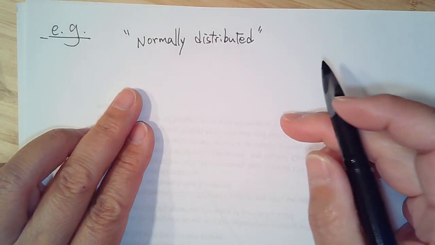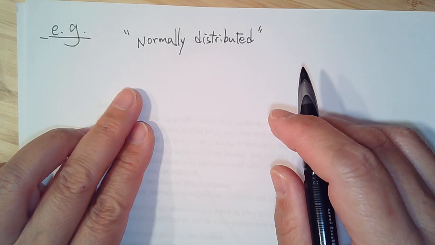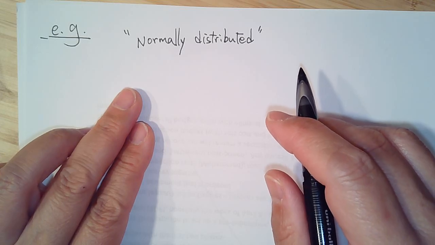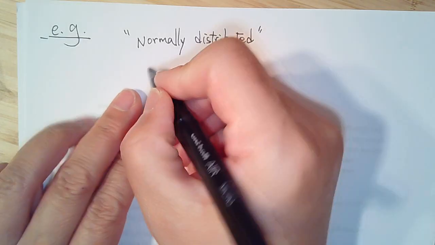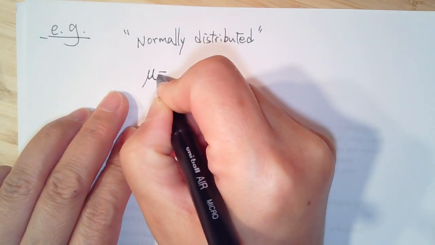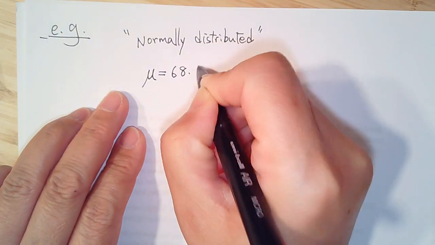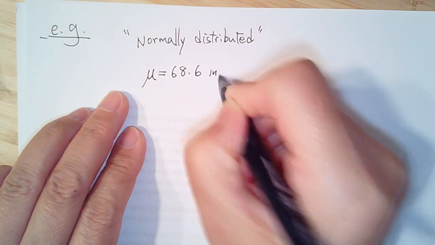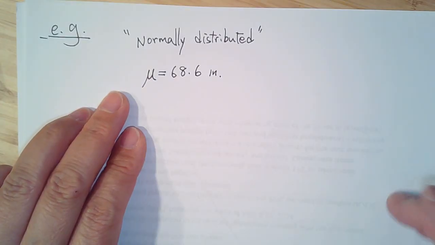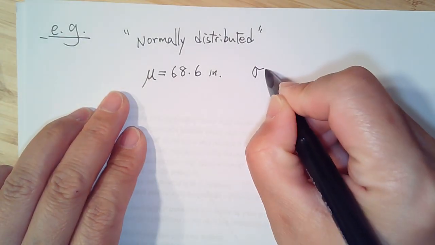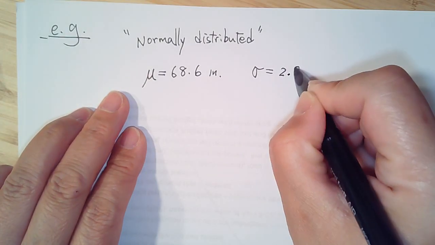Heights of men are normally distributed with a mean of 68.6 inches, so that is mu equals 68.6 inches, and the standard deviation, sigma, is 2.8 inches.